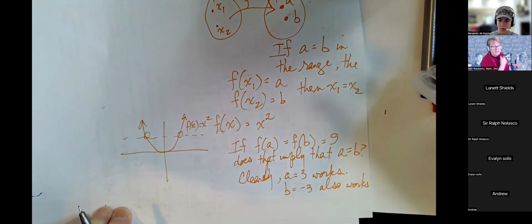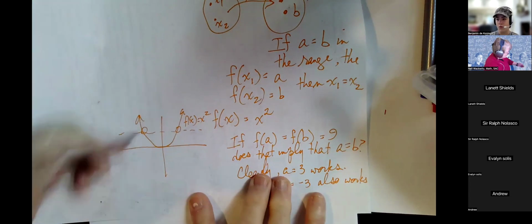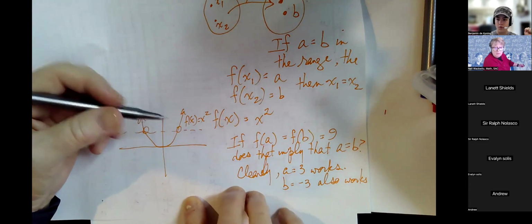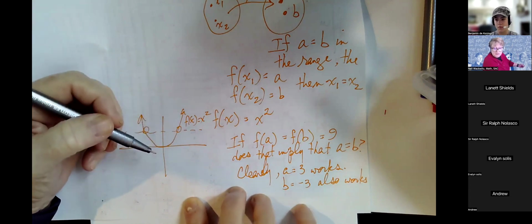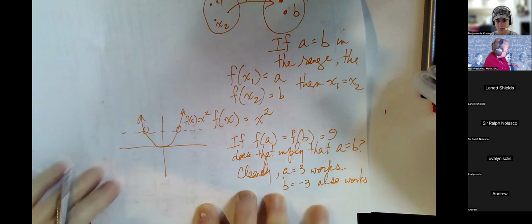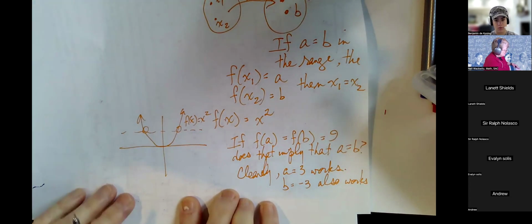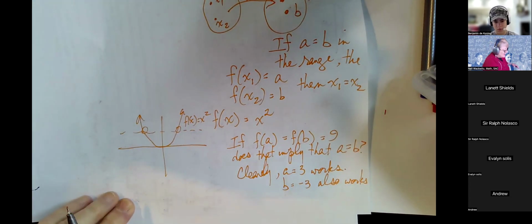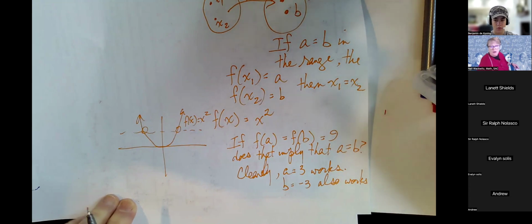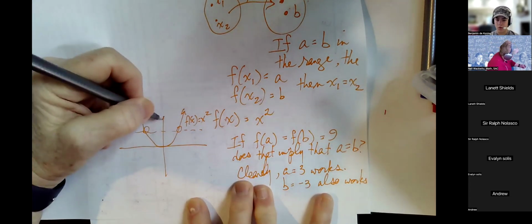So what we're going to do, and we're going to do this a whole lot in trig, is restrict the domain of this function so that it is 1-to-1. Well, if I had to cut this domain in half, what would be an obvious place to cut it? Straight down the y-axis. Yes, absolutely.